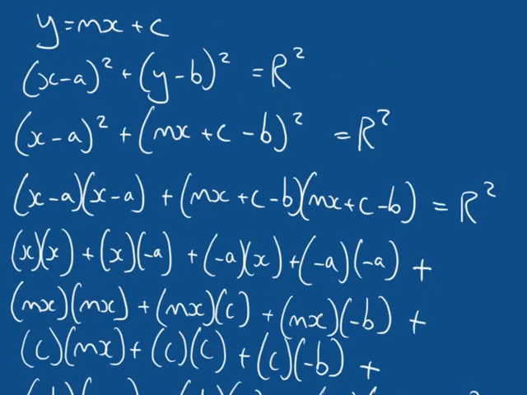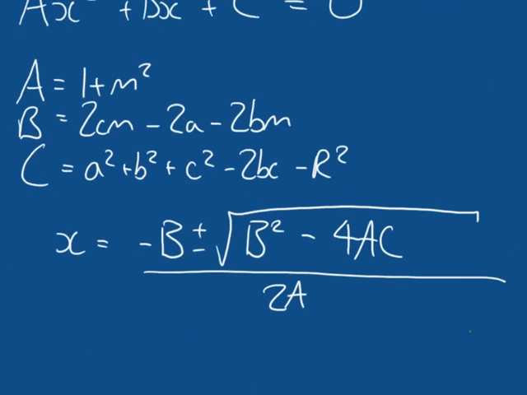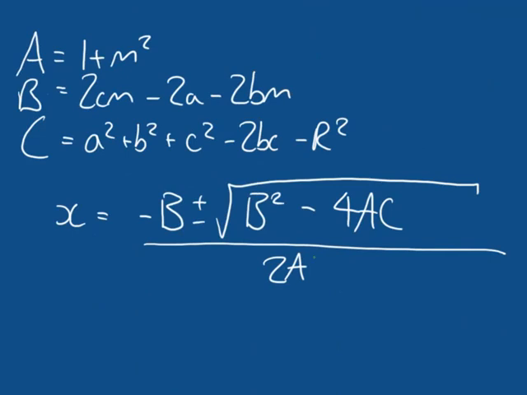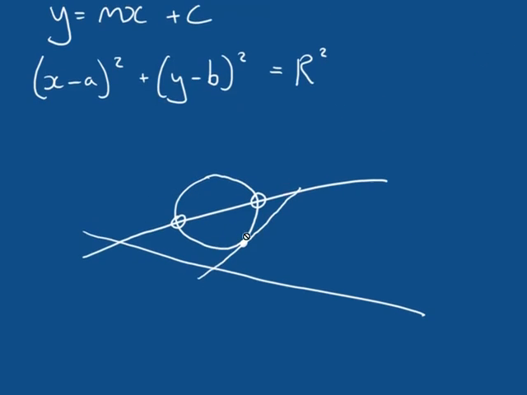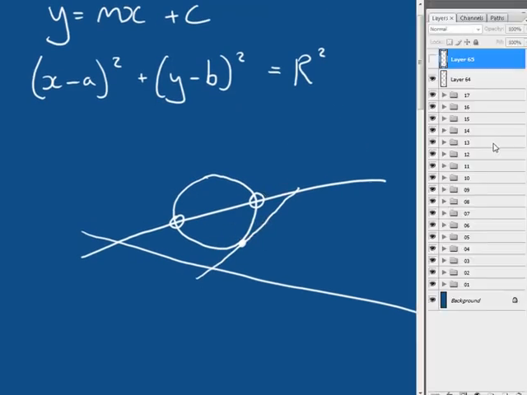If that value is equal to 0, then we know that the square root of 0 is always 0, therefore plus root 0 and minus root 0 are both equal to 0. So this is going to occur when we have just a single solution, because we're only going to get minus B over 2A, and in those cases, we know that's when the line is tangential to the circle. It's a tangent to the circle, leaving us with a single point where it touches the circle.